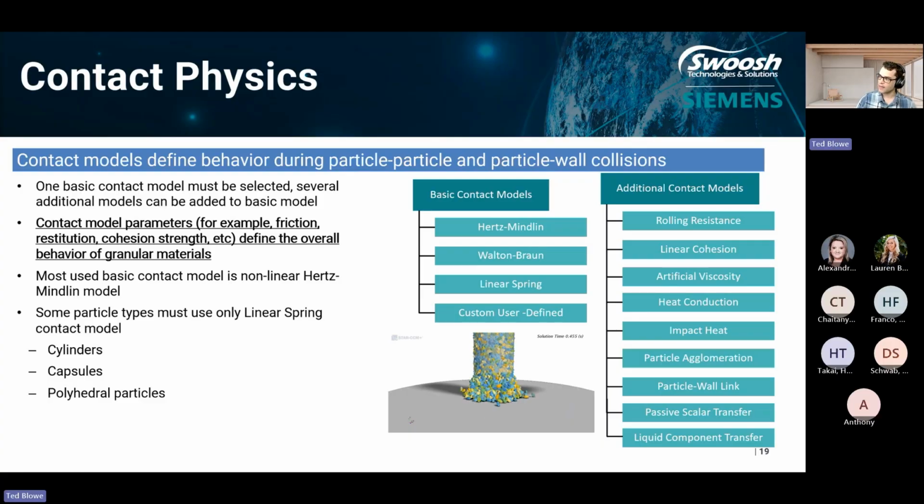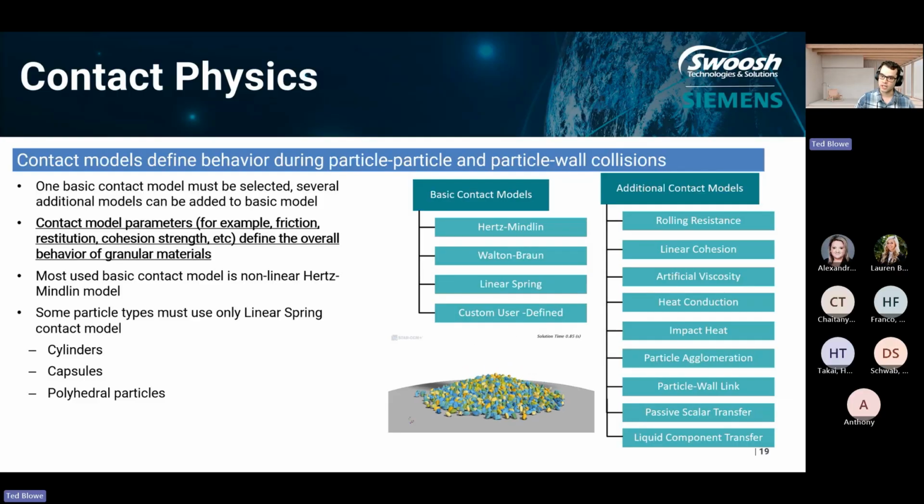Okay, so looking at the basic contact models, the default and most widely used is the Hertz-Mindlin, and this adopts a standard no-slip elastic contact formulation. So a fully elastic contact is like two pool balls colliding, where it's totally elastic and plastic deformation is negligible.